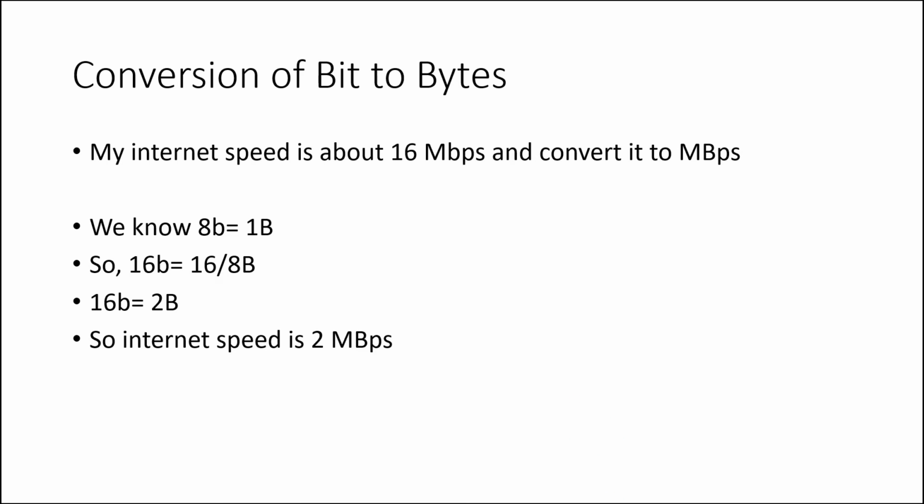So you have to convert into megabytes. So the speed is 2 megabytes per second. Within 1 second you can download a 2 megabyte file. So you need 8 seconds to download a 16 megabyte video. This is what you should understand here.